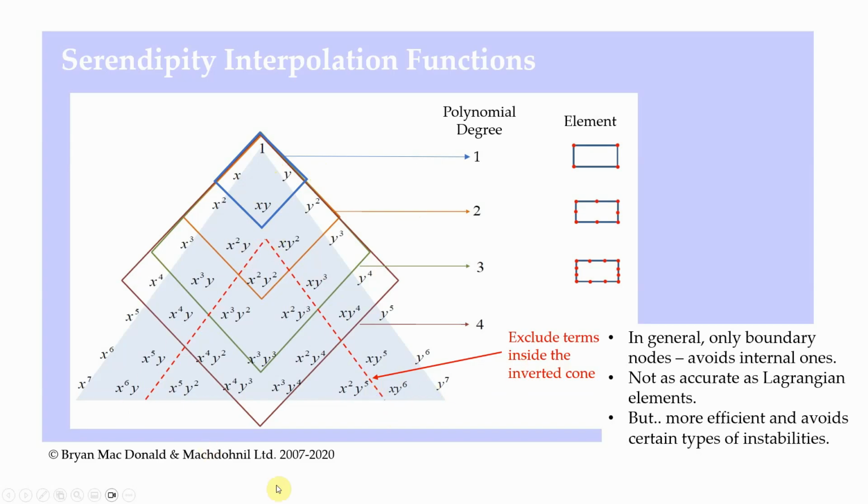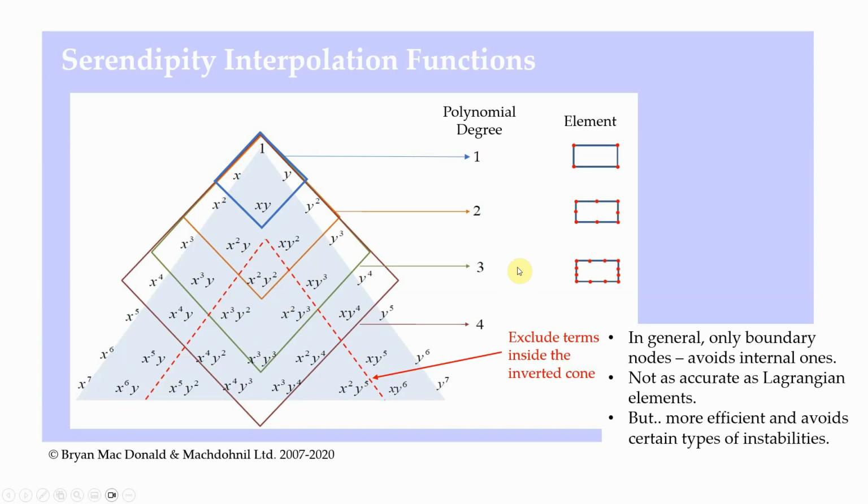The first element, the polynomial of degree 1 element, is still a bilinear quadrilateral element like the one we just looked at. The next one doesn't have this term here, so it doesn't have the x squared by y squared term. And when you go to the third order one, it doesn't have these four terms here.